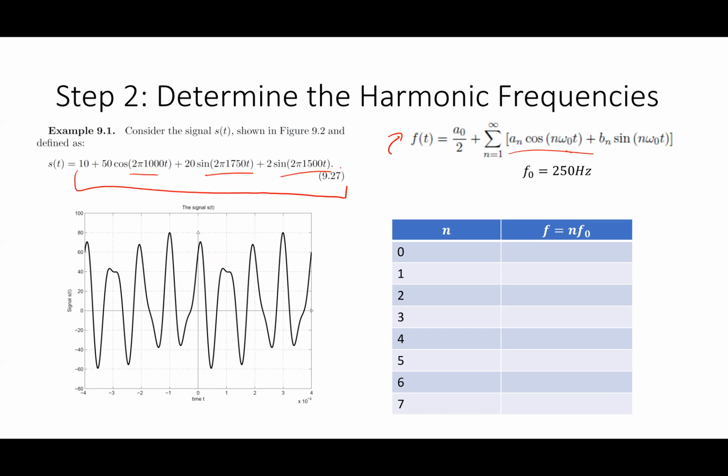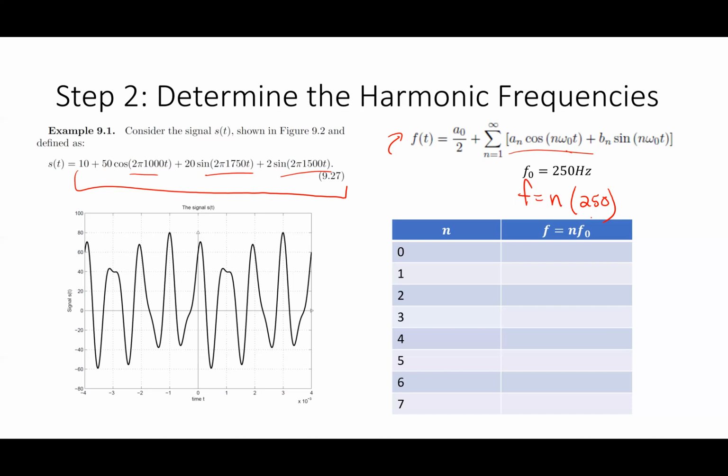So n equals, which one is the fundamental? I've got n equals 0 to n equals 7 here. Which one is the fundamental? For n equal 1, right? So my frequency is n times my fundamental, so n times 250.